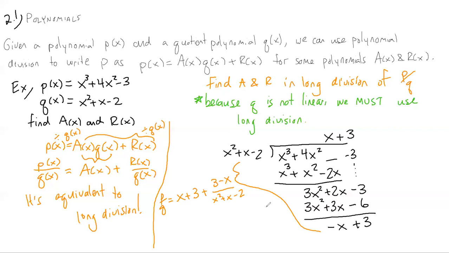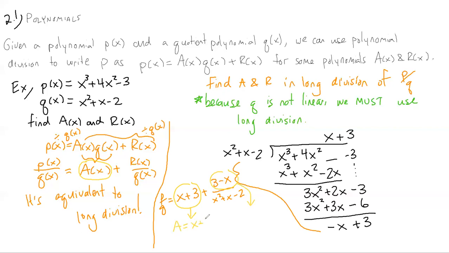And that is what my P over Q is. And so that tells me what my A is and what my R is.